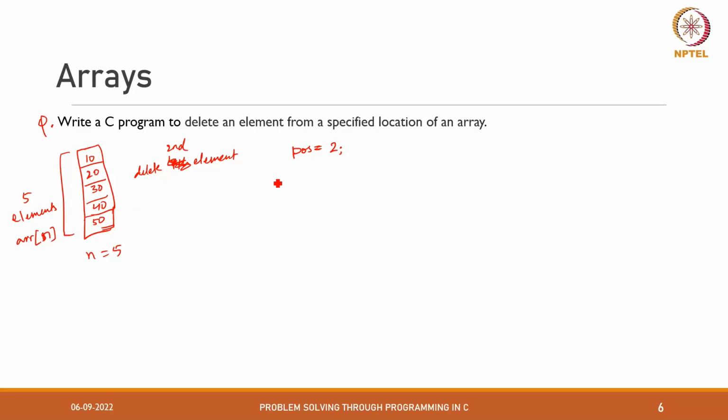So what should I write? What basically do I have to do? If I delete the second element, I have to shift all these elements by 1 upwards. If I delete 20, then 10 will remain unchanged, and this will come here, this will come here, this will come here.